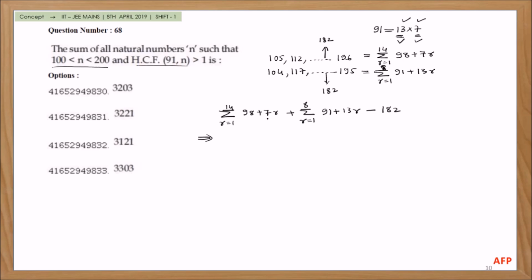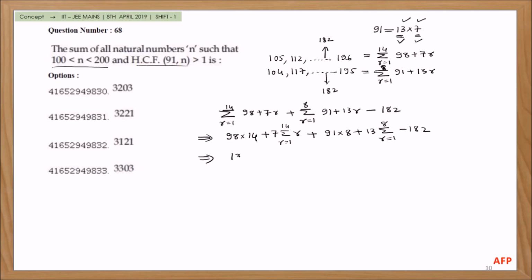Now if you take the summation inside, we get 98 into 14 for the first one, plus 7 into summation of r from 1 to 14, plus 91 into 8 plus 13 into summation of r from 1 to 8, and minus 182. What is 98 into 14?